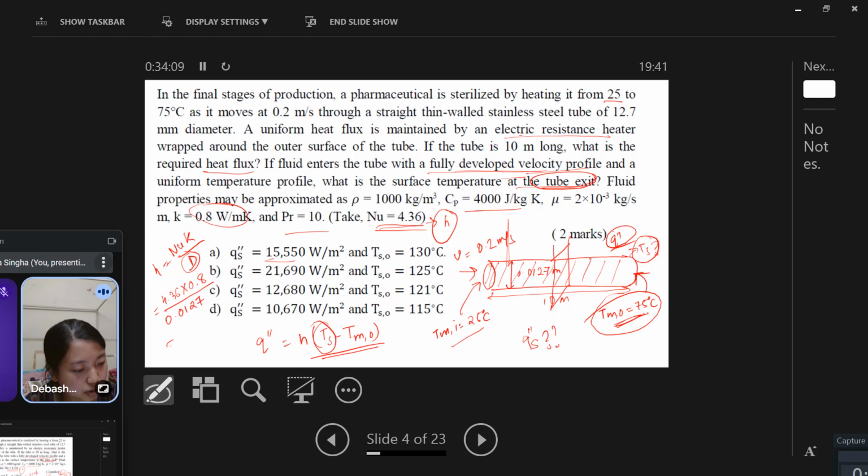h is coming out to be around 274.6, right? How much is Ts? Just find out the surface temperature.